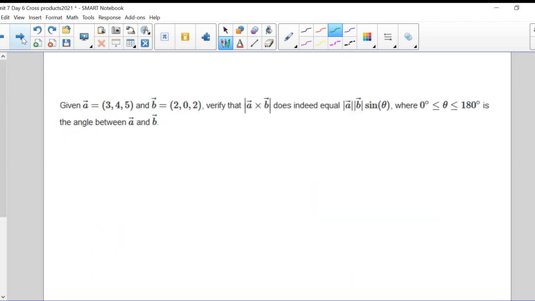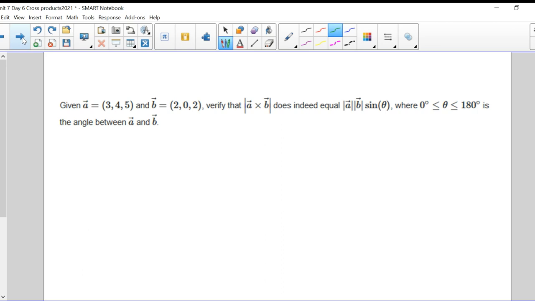Let's move on though. Given A is <3,4,5> and B is <2,0,2>, verify that the magnitude of A cross B does indeed equal the magnitude of A times the magnitude of B times the sine of theta, where the angle is between 0 and 180.